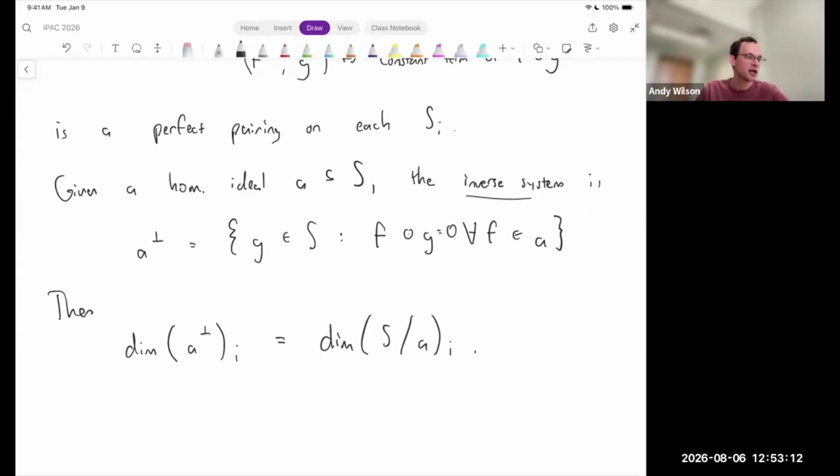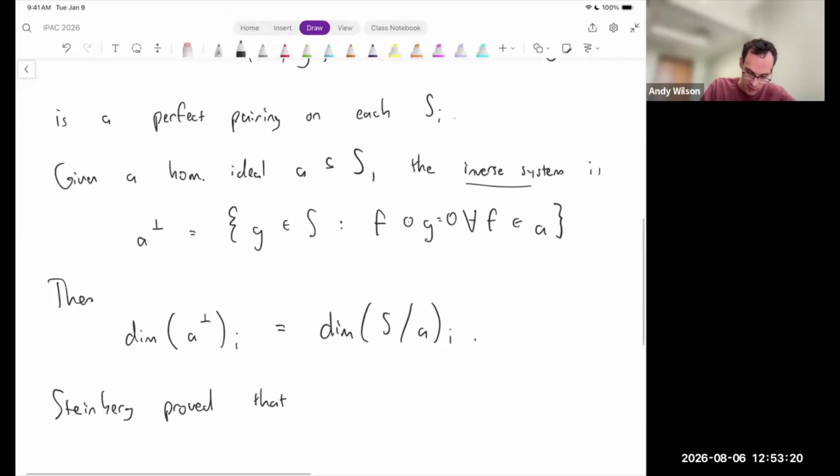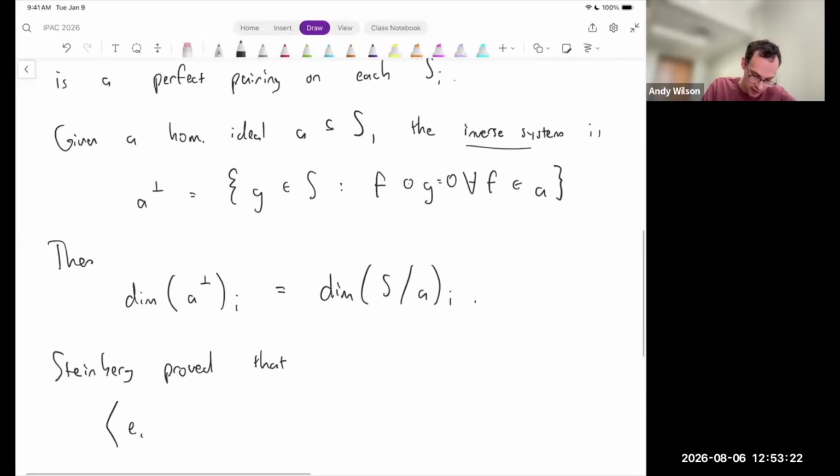Why is this useful for our problem? Well, there's a result of Steinberg that if you take the invariant ideal and look at its inverse system, you get all the partial derivatives of the Vandermonde determinant.